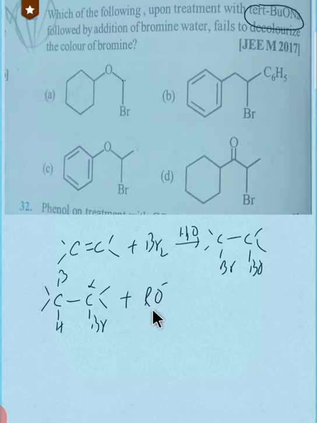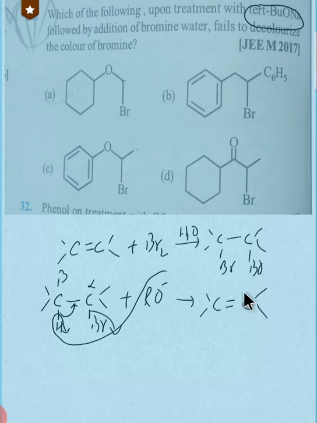This is the tertiary butyl group, this is tertiary butoxide, and this will abstract this hydrogen from the beta carbon atom, and a pi bond will be formed, Br will be removed, so an alkene will be formed like this, right? This will be the alkene by reacting with tertiary butoxide.